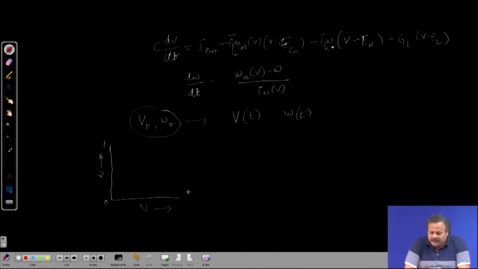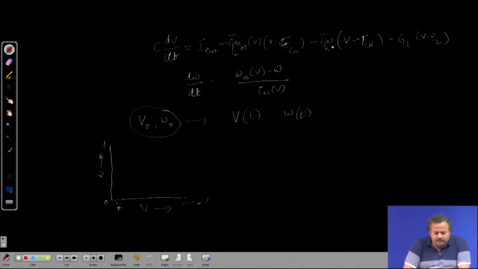It depends on the kinds of ions that are there, and in this case it will be maybe around minus 90 millivolts or minus 80 millivolts to around plus 140 millivolts. That is the potassium reversal potential and the calcium reversal potential in this case.